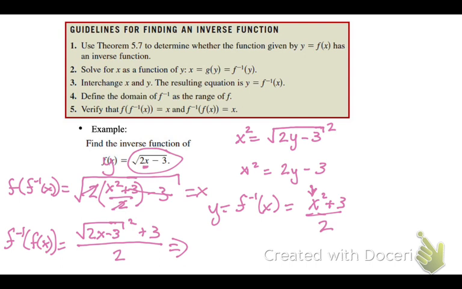Well, you square root, you get what? The radicand? Yep. So 2x minus 3 plus 3 over 2? Yep. The 3's turn to 0. And then the 2's reduce to 1. And you're down to x. So did we do it right? Yep. There you go. That's it.